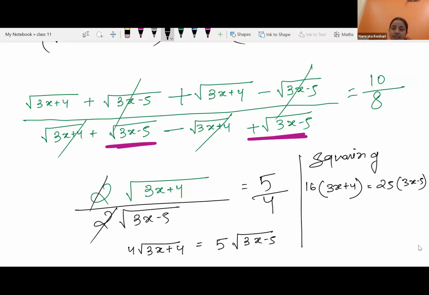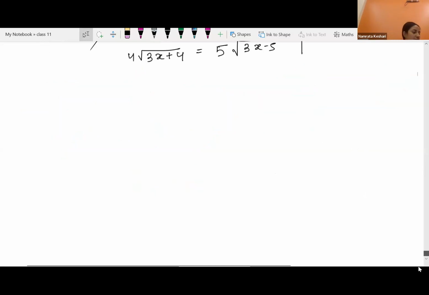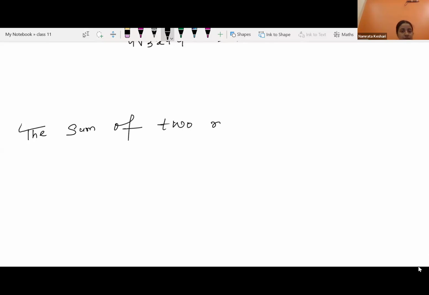Okay, for solving this type of situation, let's take a question where maybe we need to use this particular logic. So the question says that the sum of two numbers is 6 times their geometric mean.